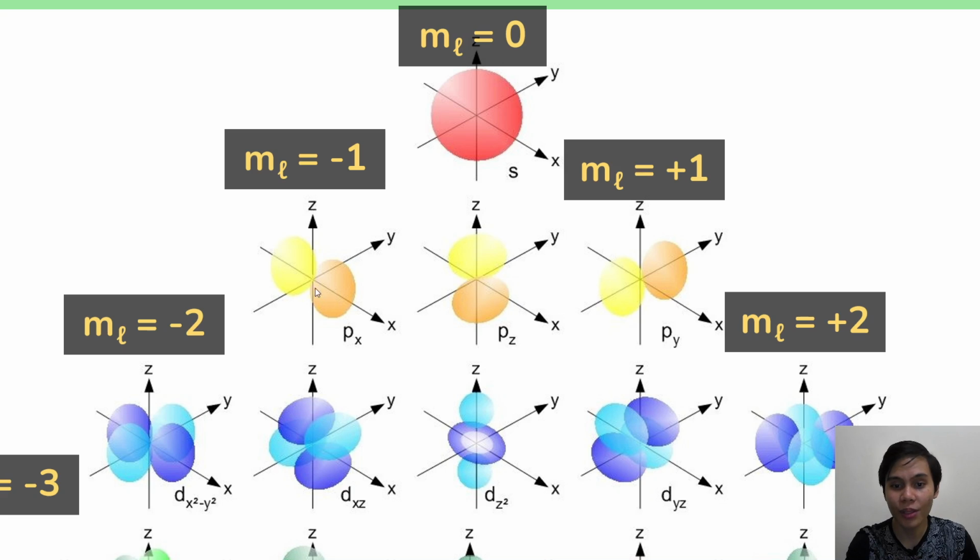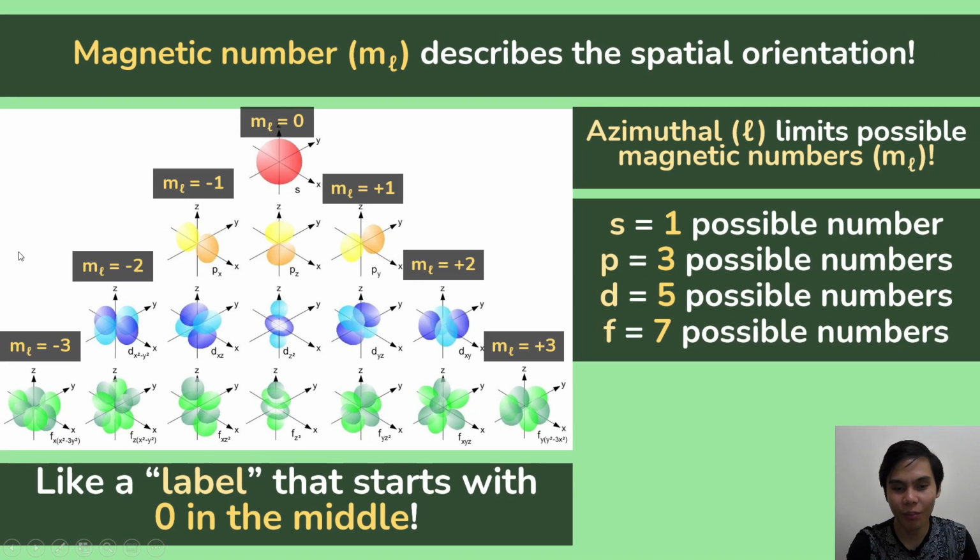It can be horizontal, it can be vertical, it can be going diagonal in 3D space, at least for the p shape. And for the more complicated shapes, your d shape and your f shape, they get even more complex, to the point where it's very difficult to describe them already.